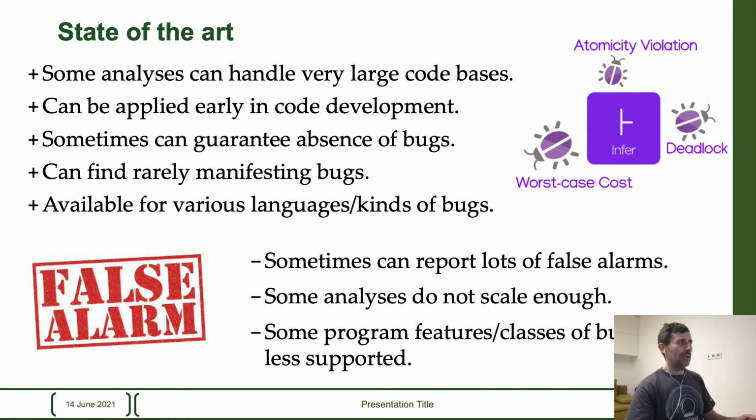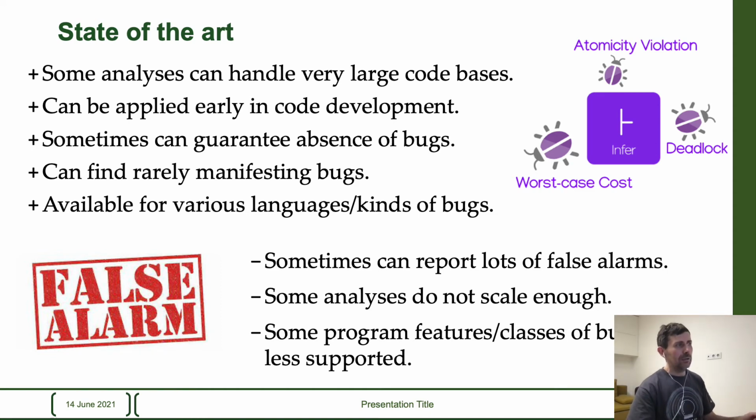As for the dark side, as for the disadvantages, sometimes static analyzers can report lots of false alarms, and then the developers have problems to distinguish what's a real error and what not. Some analyses do not scale enough, as I have said. So some analyses can scale to billions of lines of code, others may have problems with hundreds of lines of code.